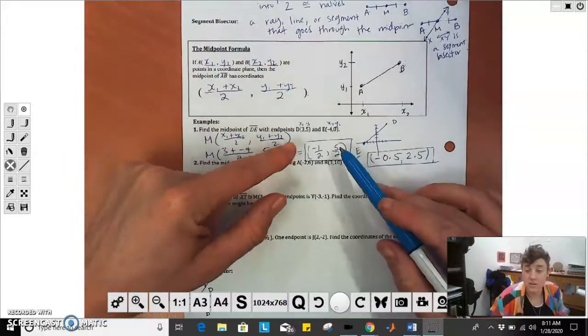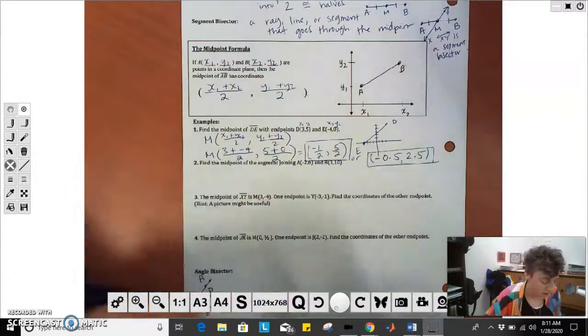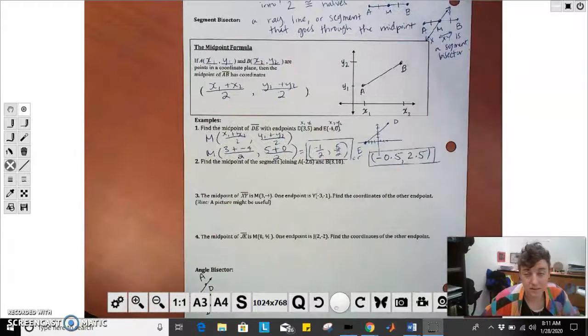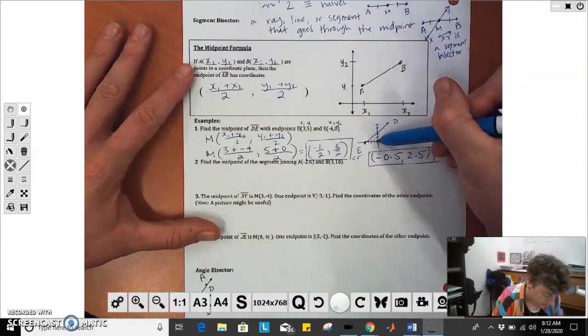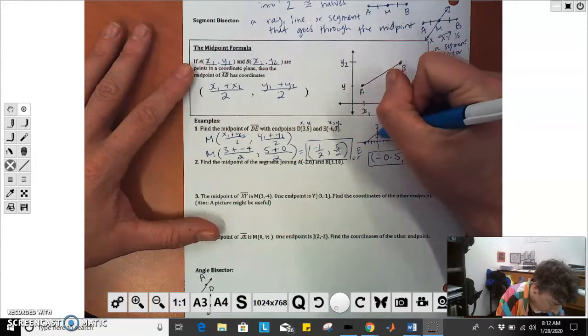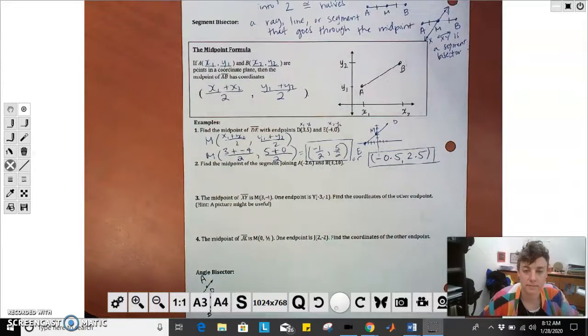Notice we have parentheses around our answer because it's a point. A point has parentheses. We have a comma in between, which indicates it's a point. So let's check our graph. -1/2, 2.5. It's right here. That does look like an appropriate midpoint. It's in the middle there. Great.